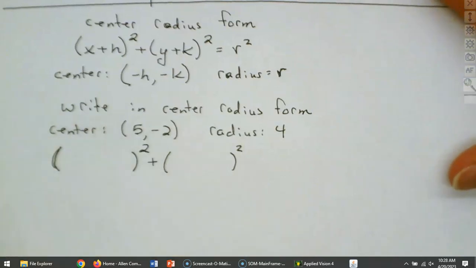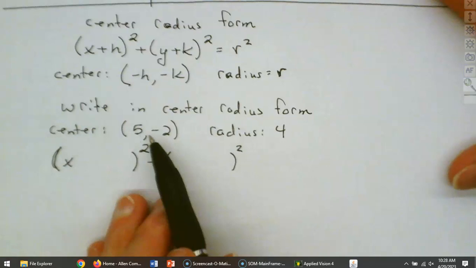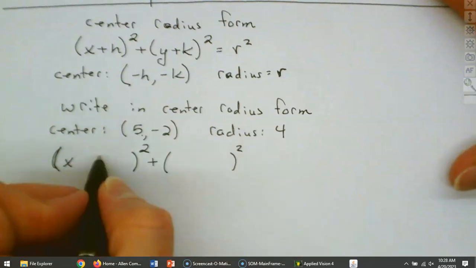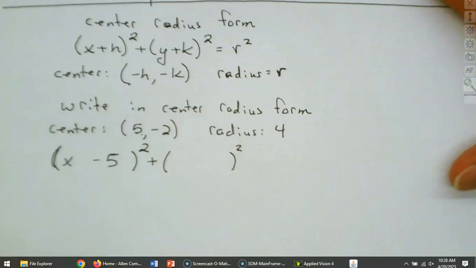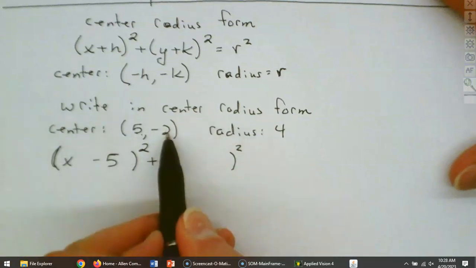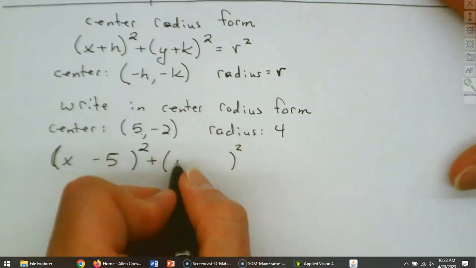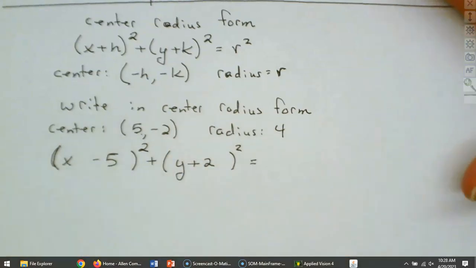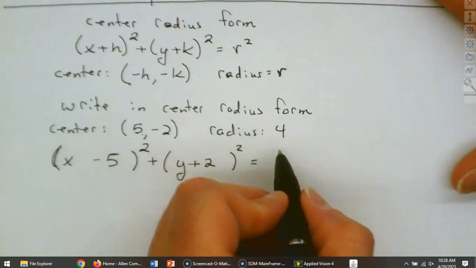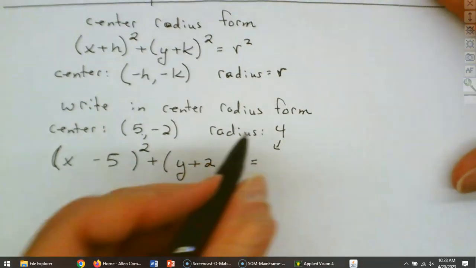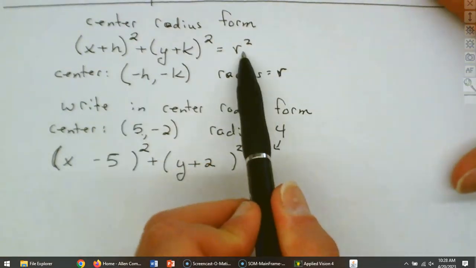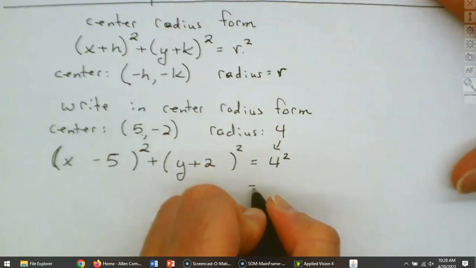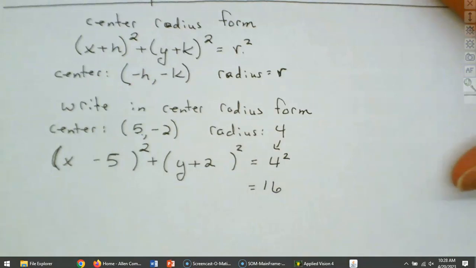So when we switch our signs, we've got an x, and this was originally a 5, so we make it a minus 5. Switch your signs, and this was a minus 2, so that becomes y plus 2. And over here, this is our r. We want r squared. So we take it and we square it. And 4 squared is 16.